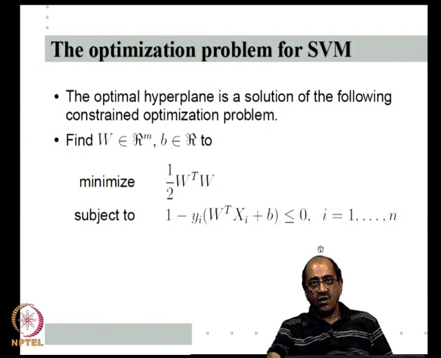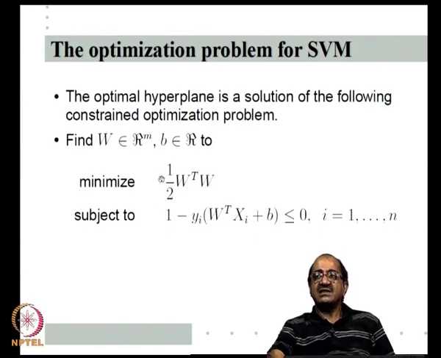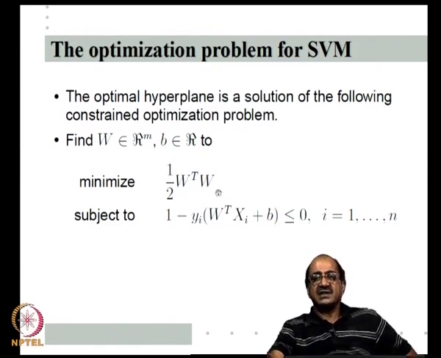Hence, among all such (W, b), if I minimize this, then I am finding a separating hyperplane which has the maximum margin of separation, meaning the closest training pattern is far away for this hyperplane compared to any other separating hyperplane. So, that is why it is a constrained optimization problem. Among all separating hyperplanes, that is all (W, b) that satisfy this constraint, find the one which has the maximum margin of separation. Okay. This is the optimization problem.